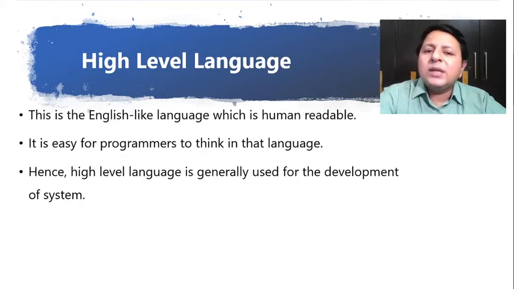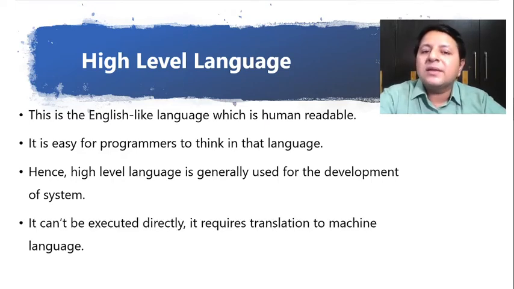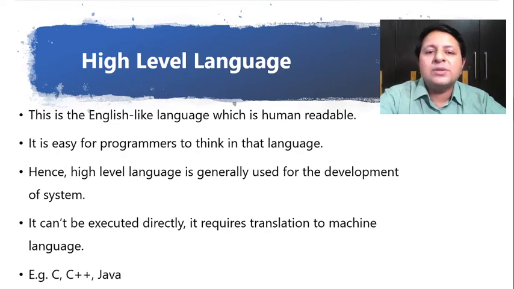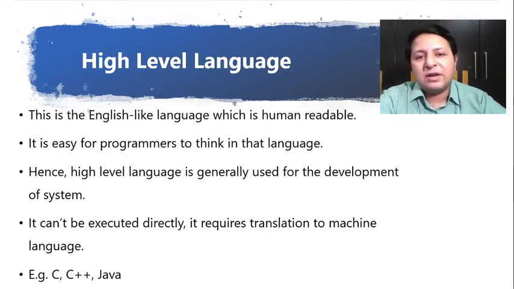The only thing is that the machine cannot read the high level language. So we do require translation, because the program written in high level language cannot be directly executed. It has to be translated into machine language. As we'll see ahead, we require the translation from high level language to low level language. Typical examples of high level languages are most of the programming languages, like C, C++, and Java.